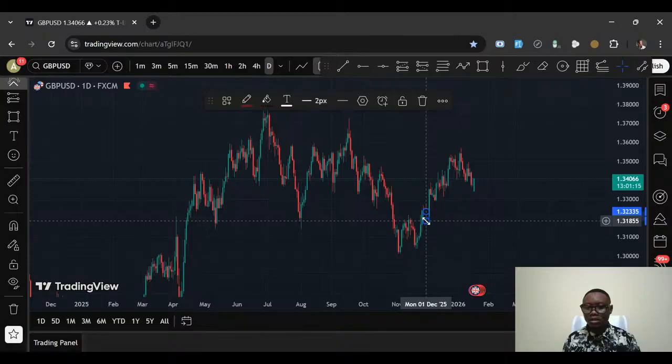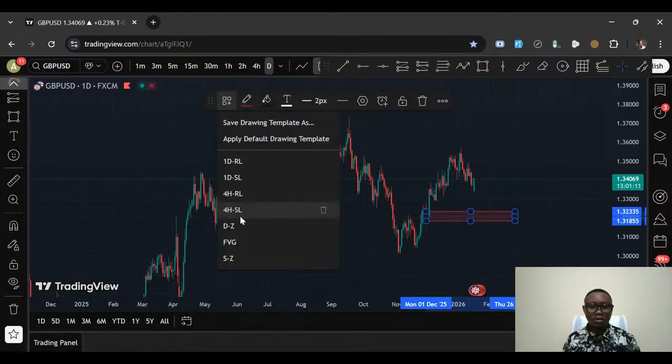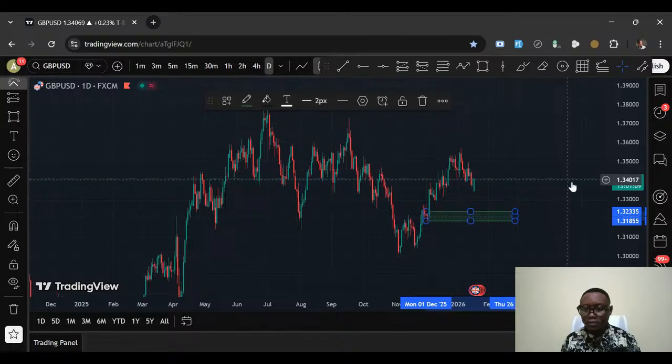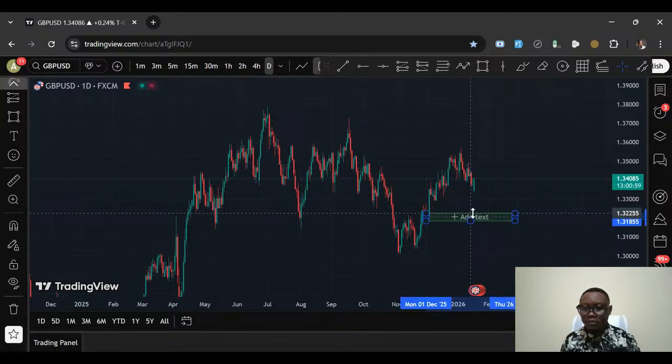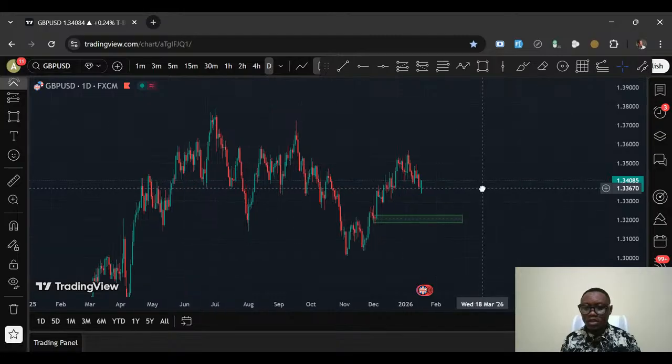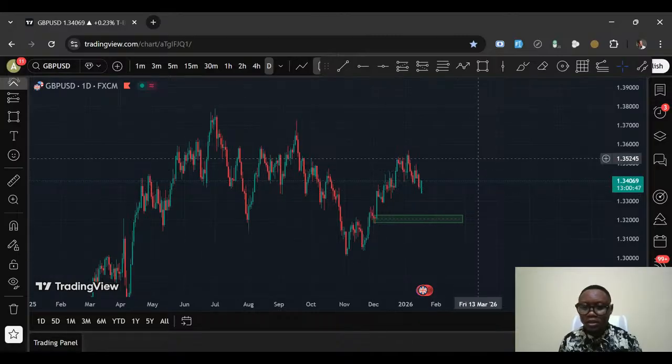So this is an order block on the daily time frame. Now here we have, okay, so that is one. This other block zone has been mitigated by this bullish move, and this as well has been mitigated.